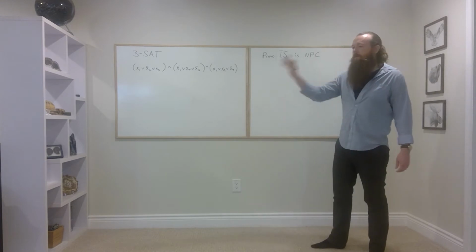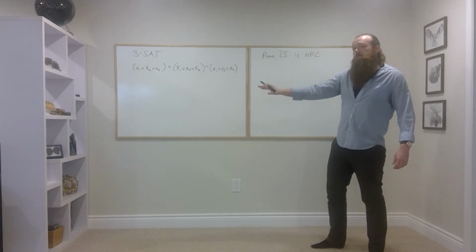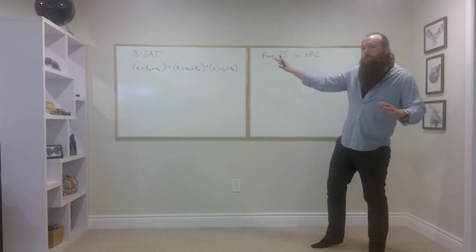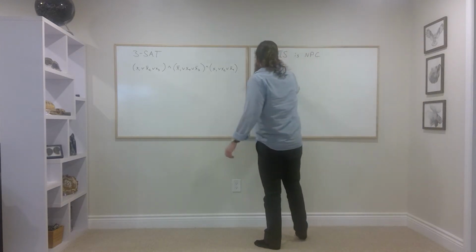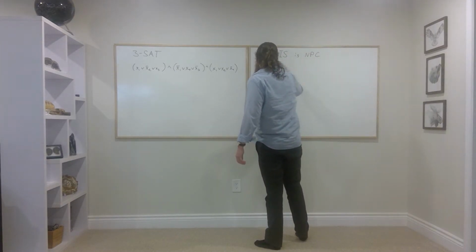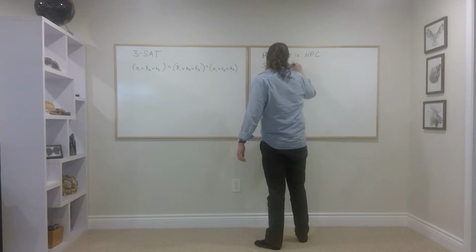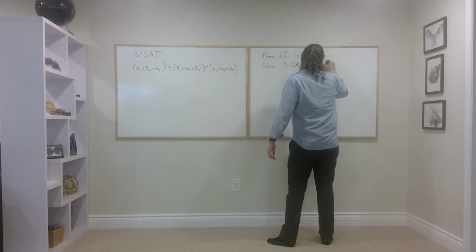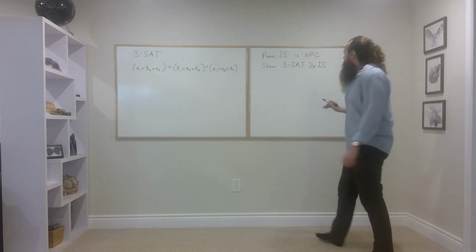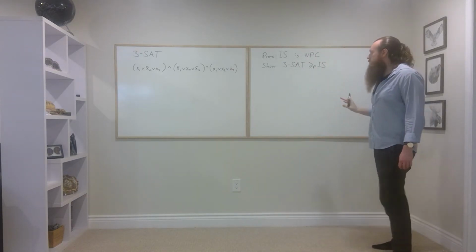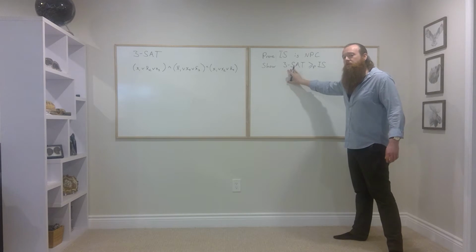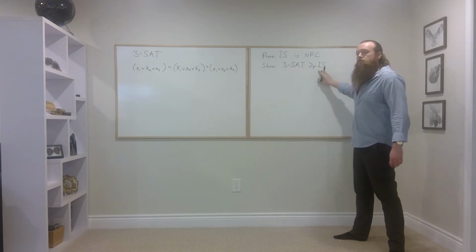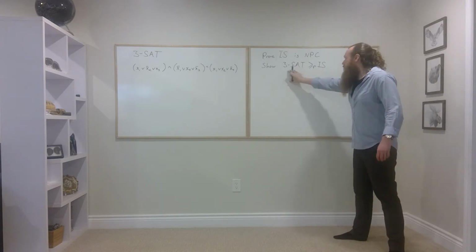Now we have to show that another NP-complete problem reduces to it. Well, we only have one problem right now. So the way that we're going to do this is show that 3-SAT reduces to independent set. So what that means is, given a general 3-SAT problem, if we have access to an independent set black box, we can solve the 3-SAT problem.